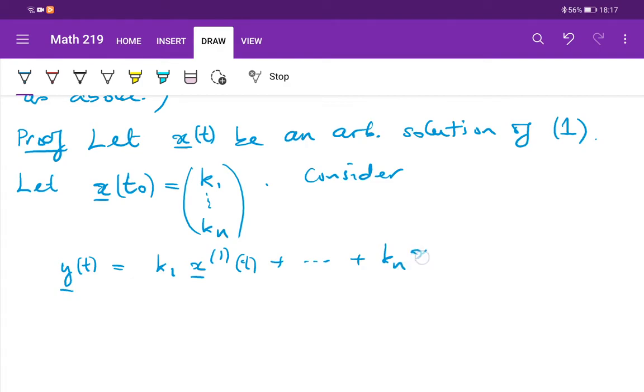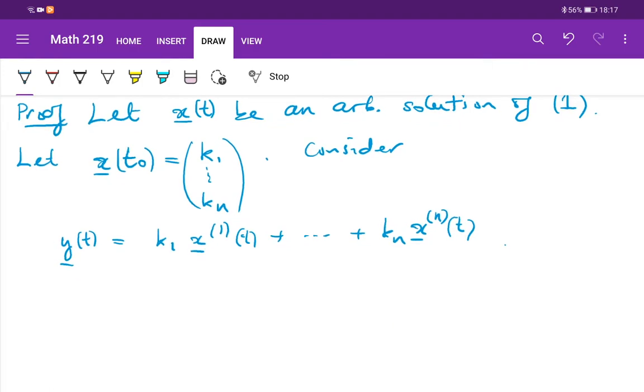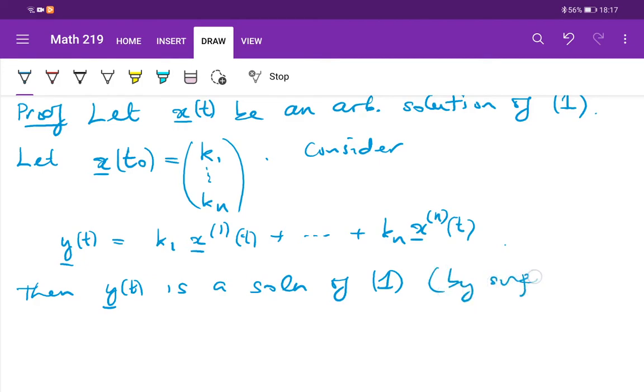By the superposition principle, y is a solution of 1.